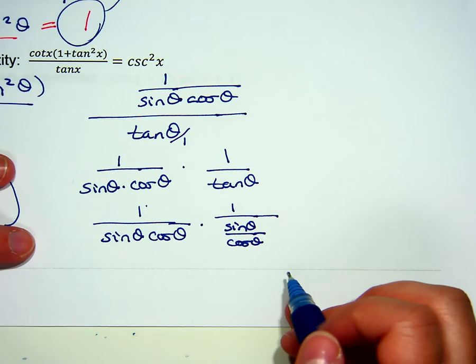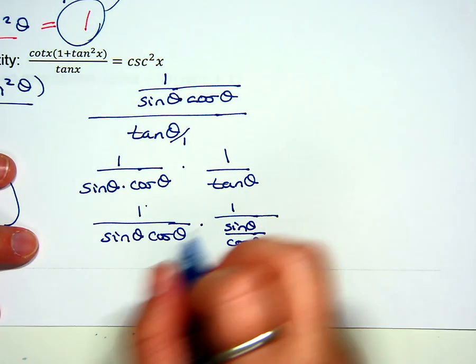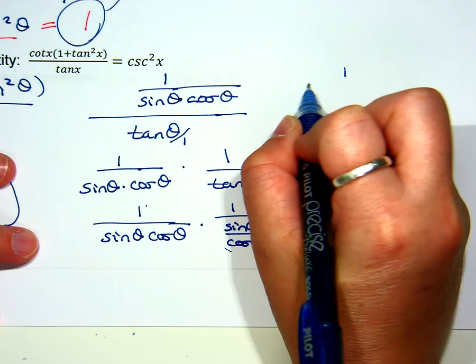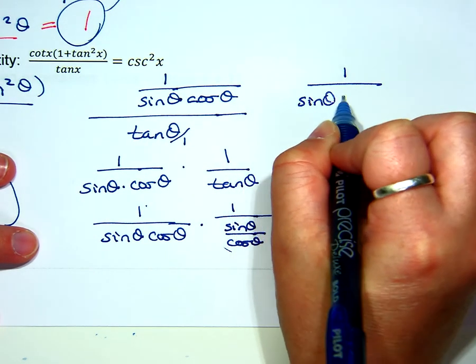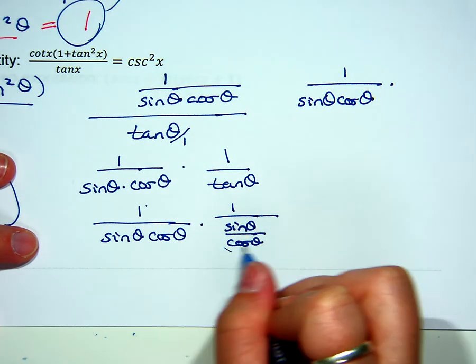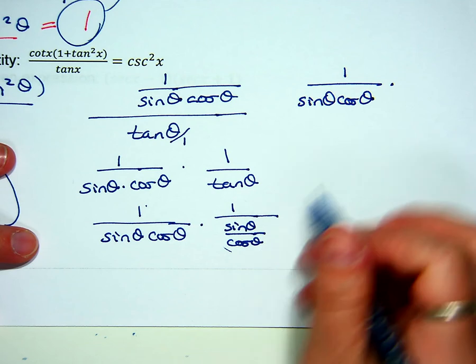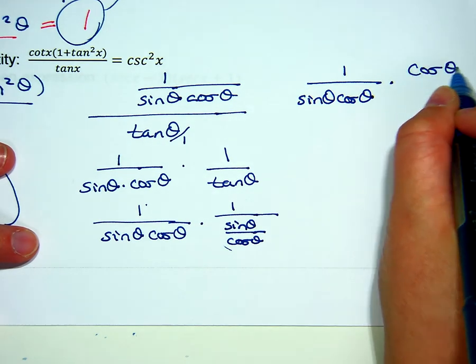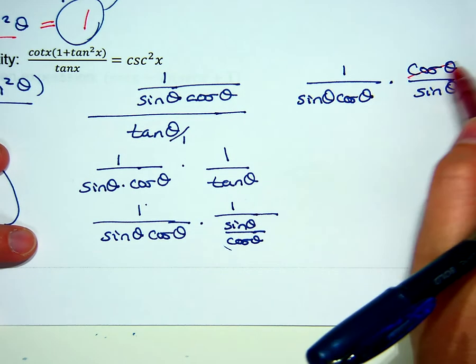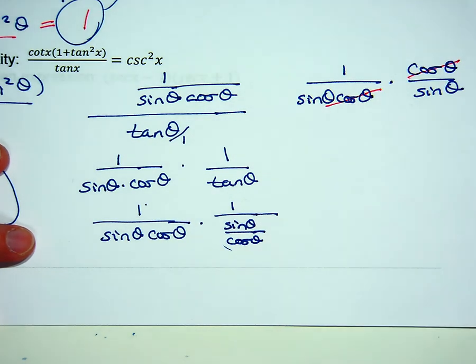Okay, stay with me. So now, what do I have? This is fraction division. 1 over sine cosine times 1 times the flip of this. Flip this gives you cosine over sine. Oh, wait a minute. Fractions cancel top and bottom. There goes my cosines.